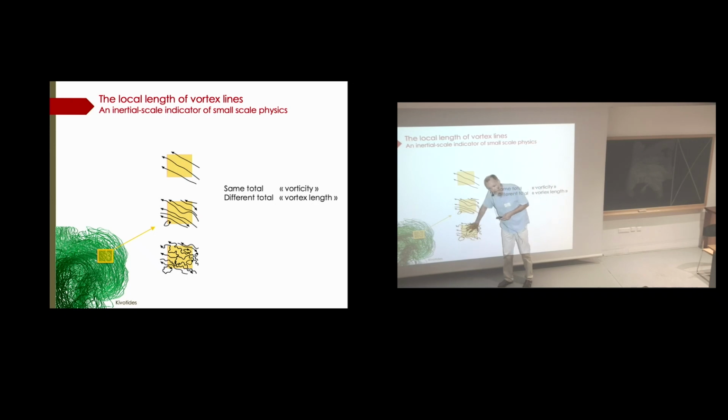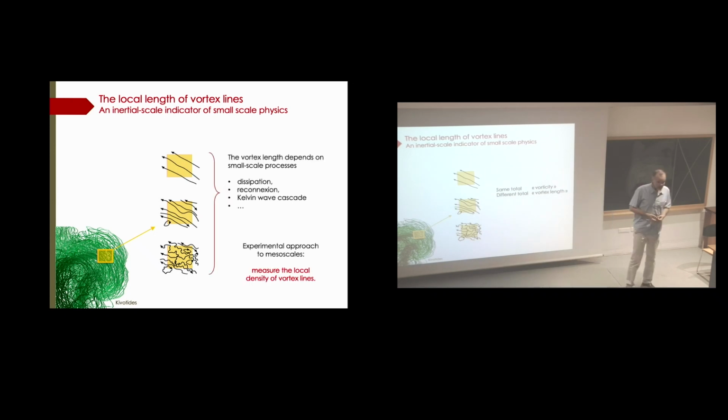But if you're able to measure what is smaller than the box, I mean the vortex line density, then you have some information on what is happening at smaller scales, typically dissipation, because if you have a vortex reconnection, how fast the wiggles are damped is related to viscous dissipation, for example, the reconnection process, scaling waves, etc. So the approach then is to measure the local density of the vortex line.